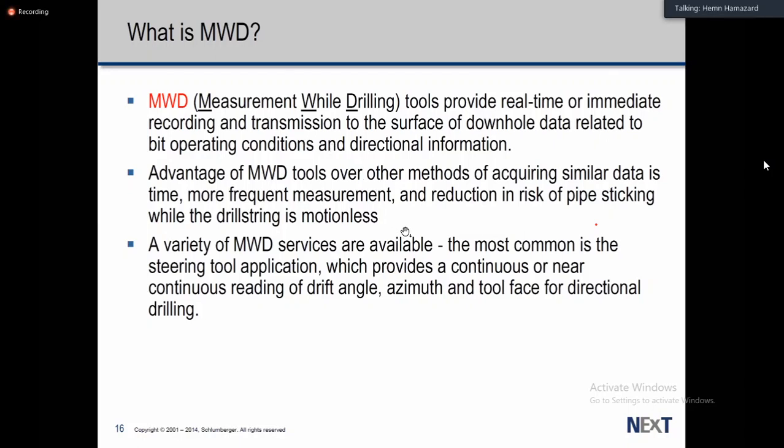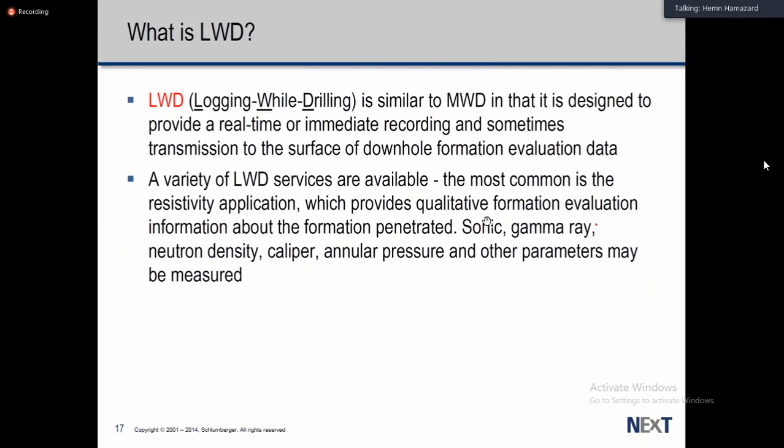The advantage of the MWD is you can always take a survey. In most cases, if you don't have any magnetic interference or interruption, you can see in real time where your bit is going, without taking any survey. But you usually take a survey after each stand just to confirm. And it's reliable; there's no problem in MWD.